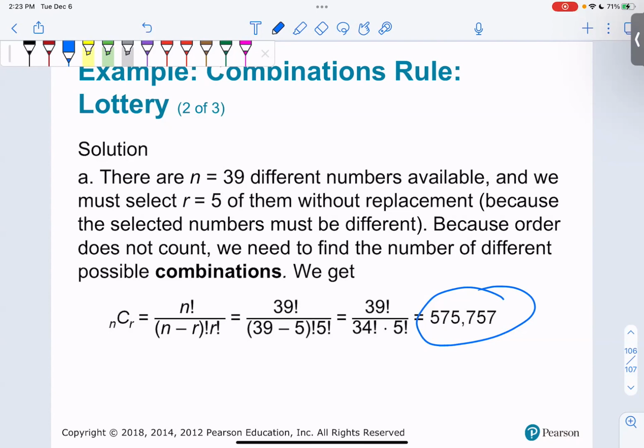So now we have 5. I think you press this combination out of 39. Then the other 39. Right?